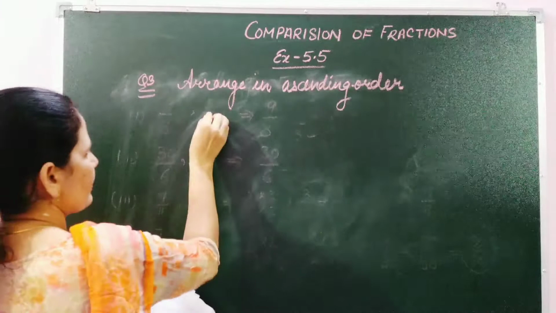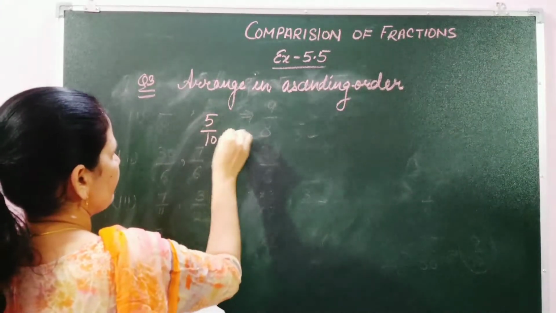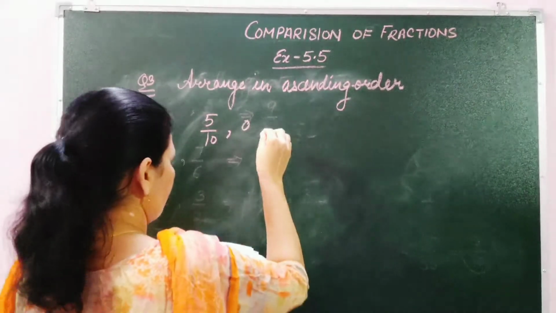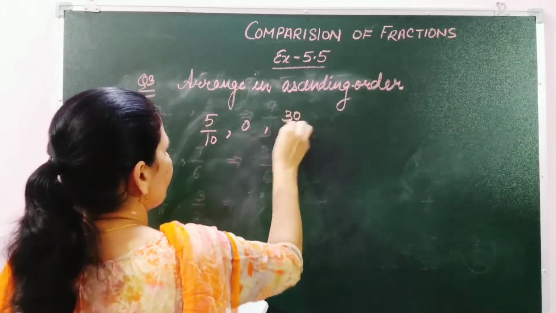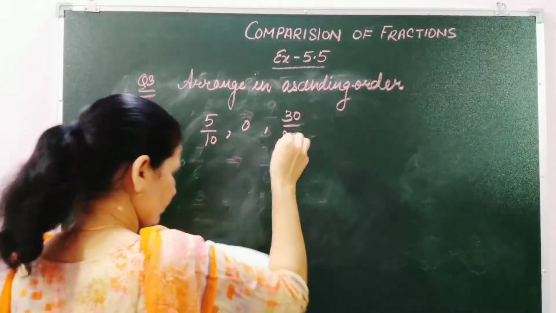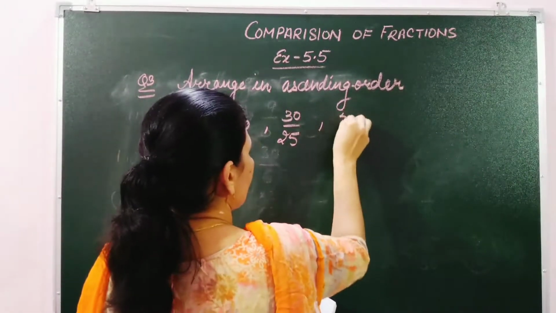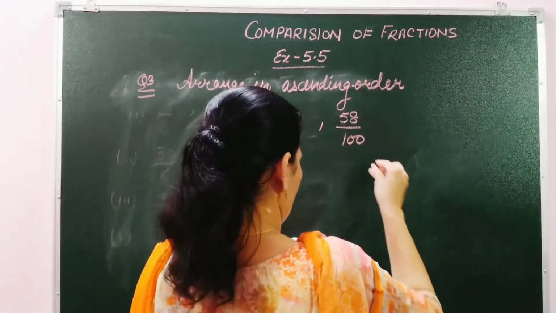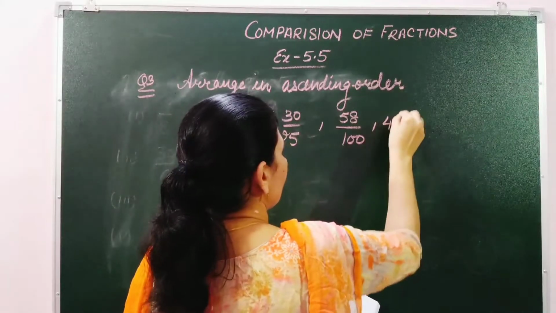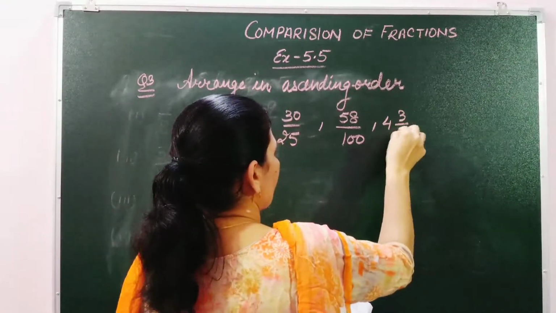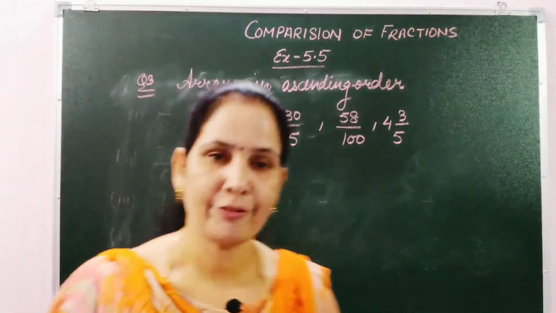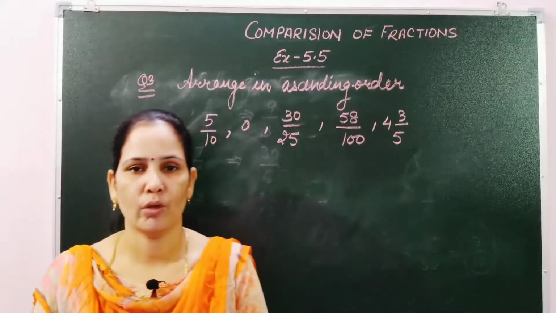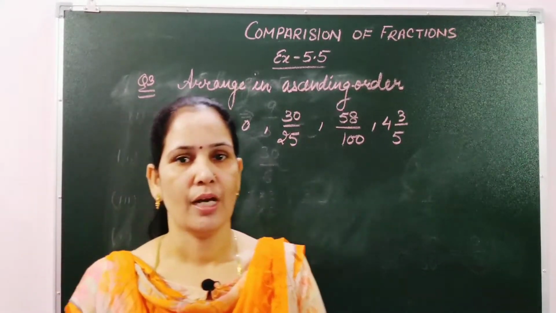Now the fractions given are 5 by 10, 0, then 30 by 25, 58 by 100, then 4 3 by 5. These 5 fractions they have given to us, and we have to arrange these fractions in ascending order.